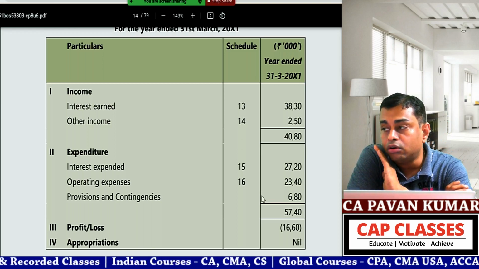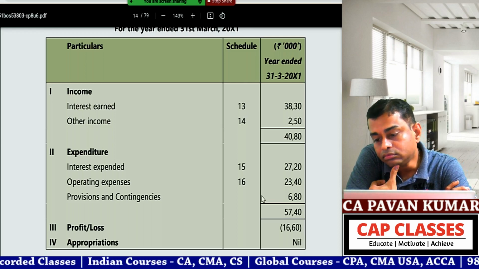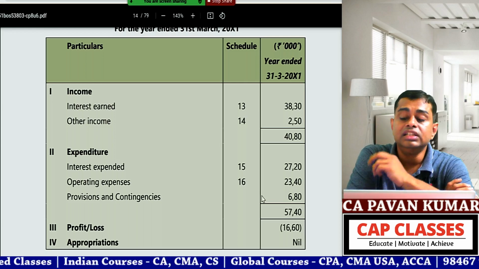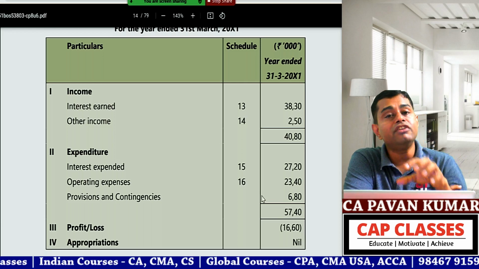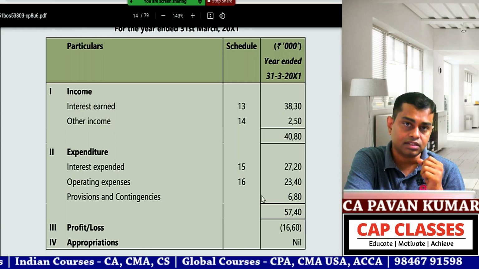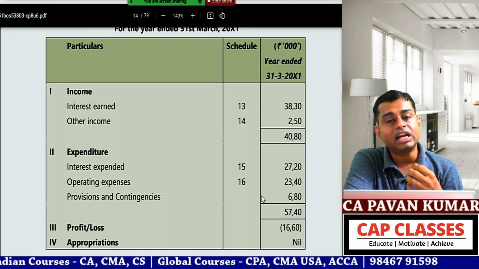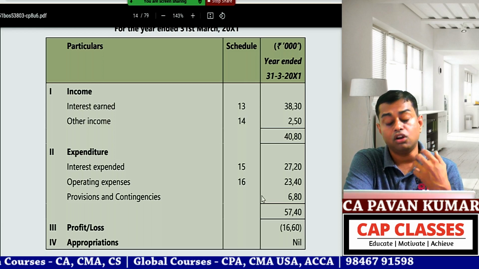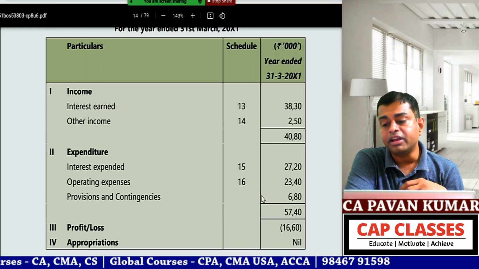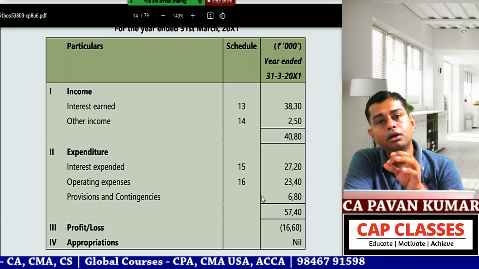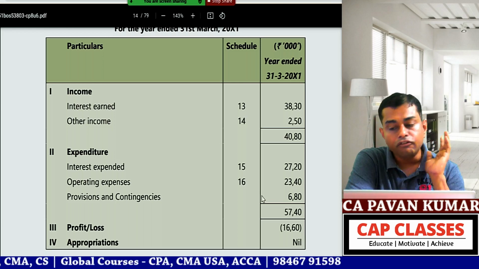That adjustment you understand, all of you? Very good. The second adjustment is the classification of the assets: standard assets, substandard assets, doubtful assets, loss-making assets. How have we calculated provision?